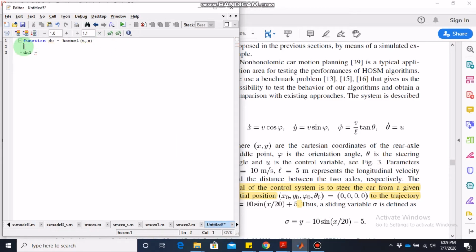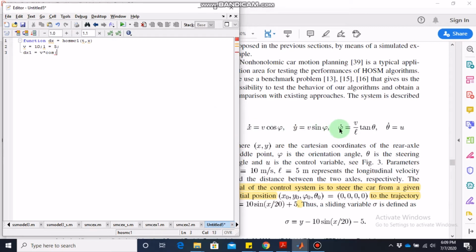So v equal 10 here, and similarly L is equal to 5. They have shown in the paper, so we define L equal 5 here. So dx1 is cos v times, so v multiply by cos of phi. Phi is our third state variable.